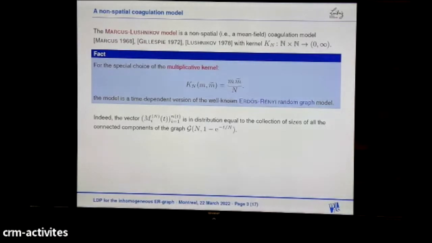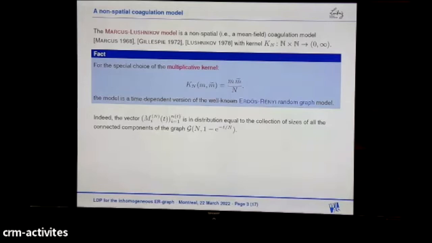At the moment, and also for this talk, we are concentrating on the multiplicative kernel. So the kernel is the product of the 2 masses divided by n. For this particular choice of the kernel, our coagulation model or random bond model is a time-dependent version of the well-known Erdős–Rényi random graph model.